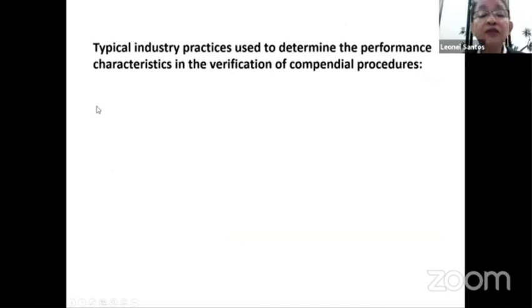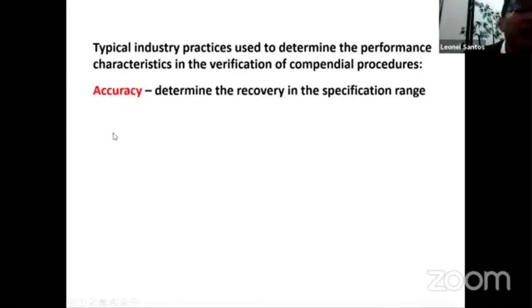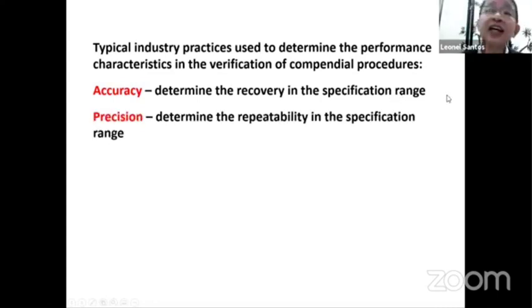In terms of how the industry defines what they do when we say precision or accuracy: when they say accuracy in a verification mode, they determine the recovery at the specification range, meaning they need to know what the specification range is. I mentioned to you earlier the definition of specification range, right?